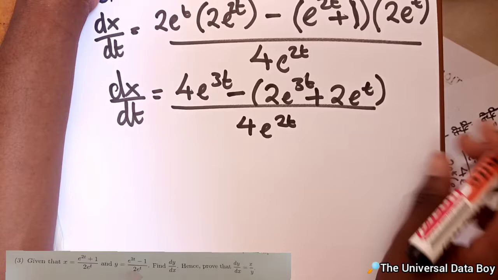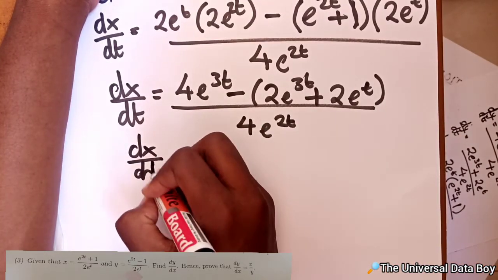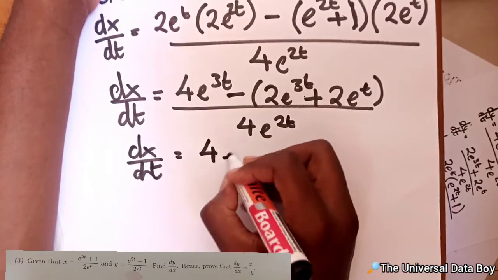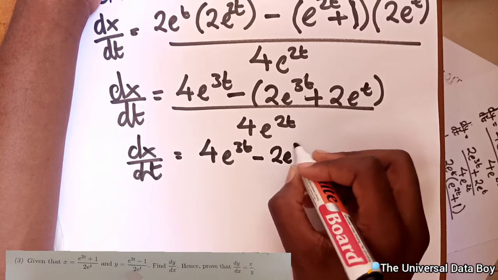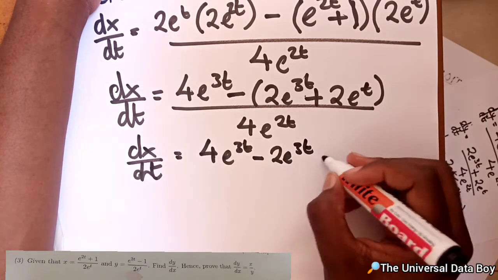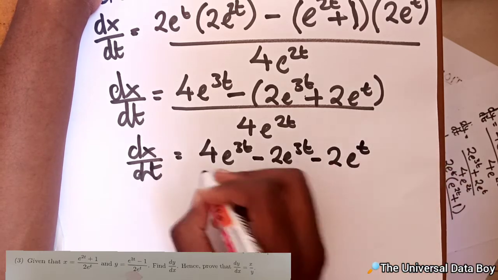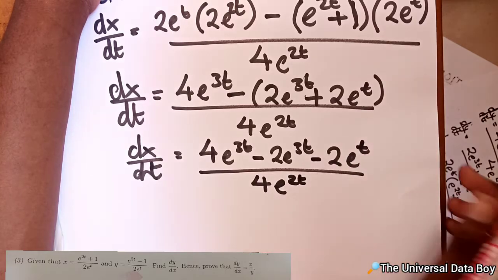So now we're going to expand this one. So we're going to have 4e to the power 3t minus 2e to the power 3t minus 2e to the power t all over 4e to the power 2t.